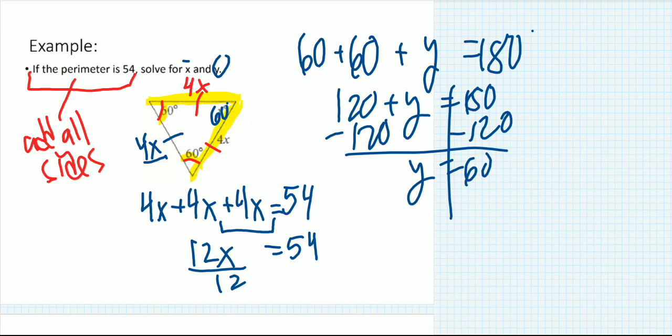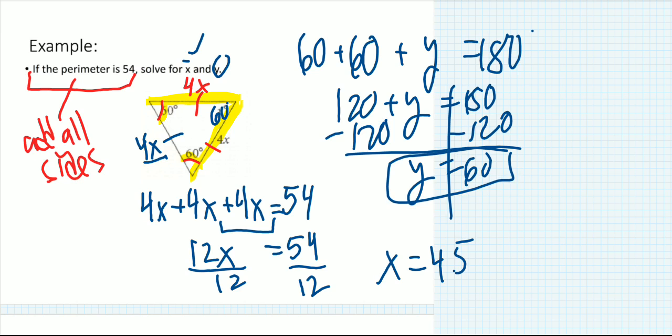Then I divide by 12 because I'm isolating the variable. And I believe that is either 3.5 or 4.5. I really don't remember. 4.5. Okay. And so there you go. You have your two answers: 60 degrees and 4.5. It doesn't tell us a unit, so it's just 4.5.